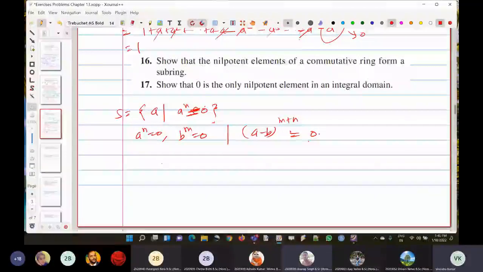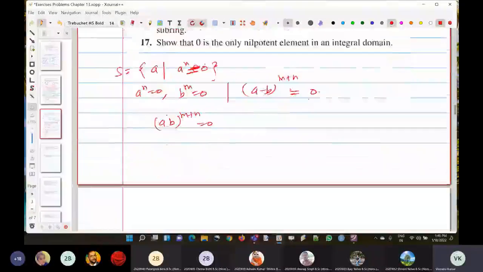Closure, not associativity, but two things I think. Closure of difference and product should be closed, no? So what else do we need? We can consider ab to the power m plus n, I think, yeah. So you can also prove that this equals 0. Of course, this is easy, na? You can do this.